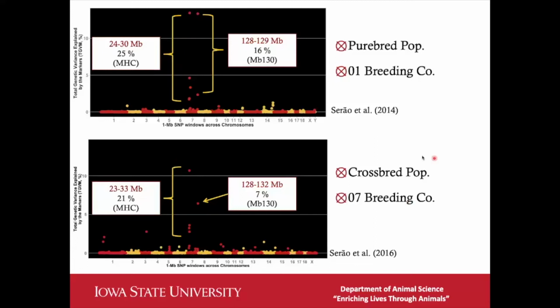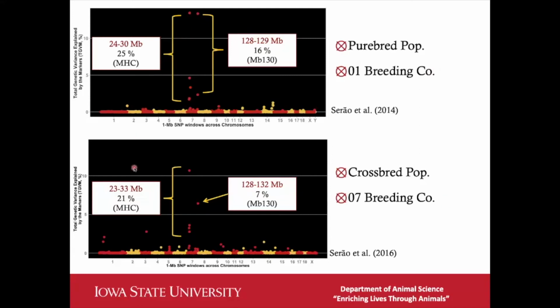They are very similar plots. The one at the top is the one that I showed you before, just one purebred population from one breeding company. Then we have a large data set with crossbred animals from different genetic backgrounds too. But the two regions popped up in the analyses for the same trait.